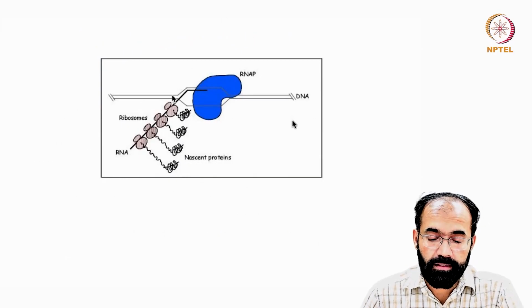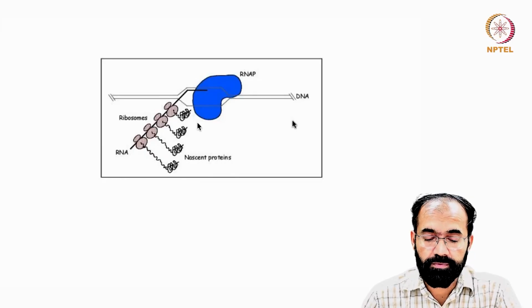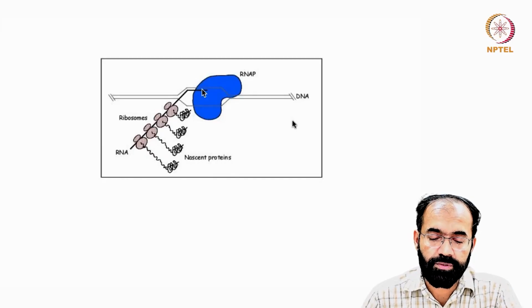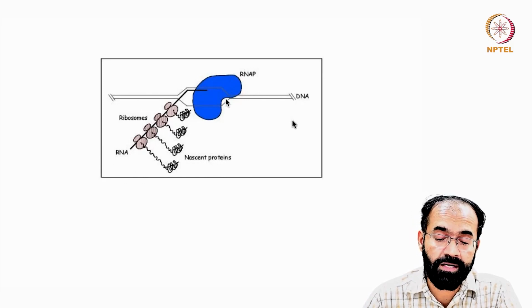So this is the cartoon of what we have already seen. This is the double-stranded DNA, and there is a transcription bubble.